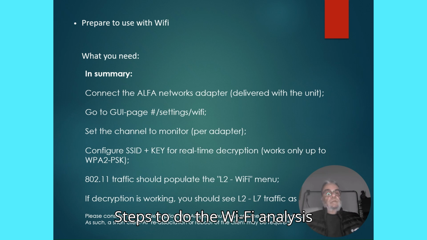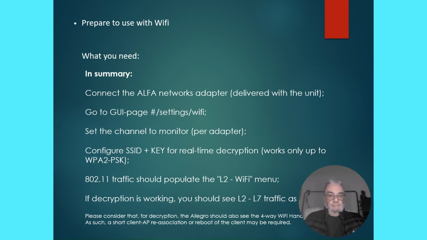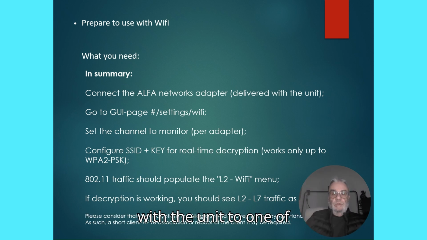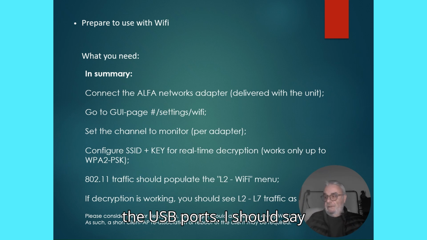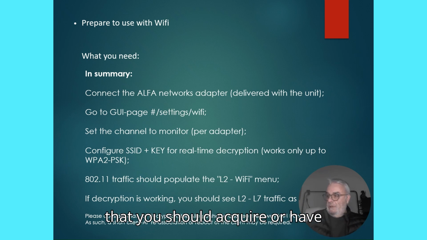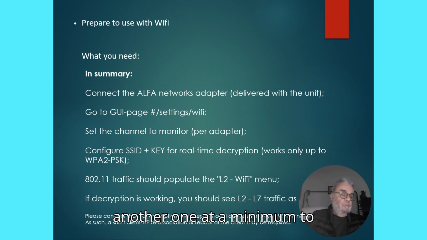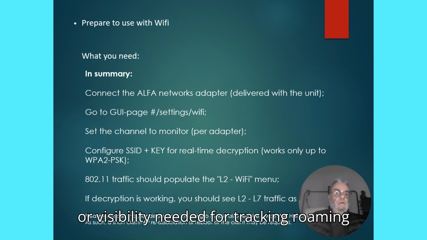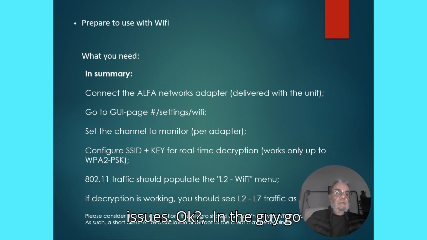So, steps to do the Wi-Fi analysis with Allegro. Connect the Alfa USB adapter delivered with the unit to one of the USB ports. I should say that you should acquire or have another one at a minimum to get the visibility onto channels needed for tracking roaming issues.